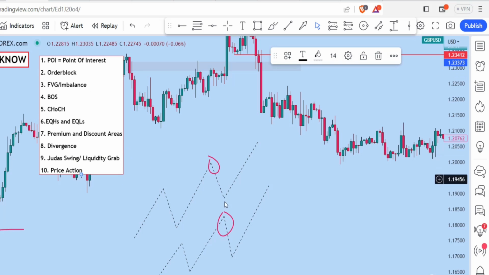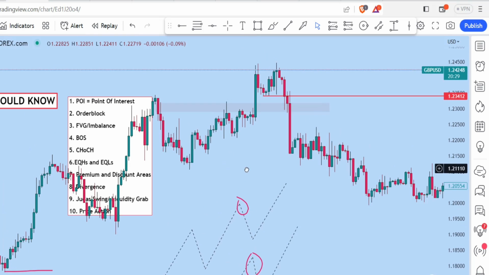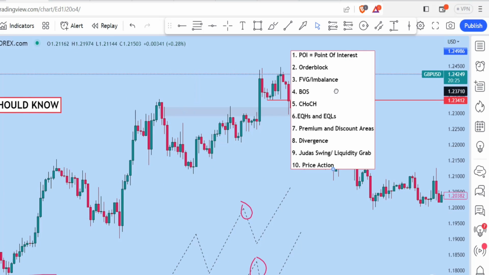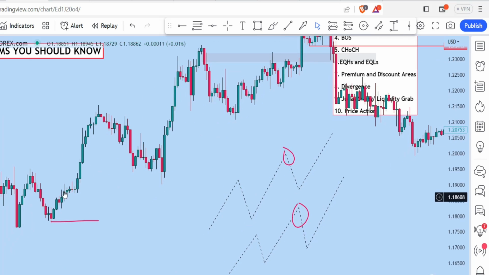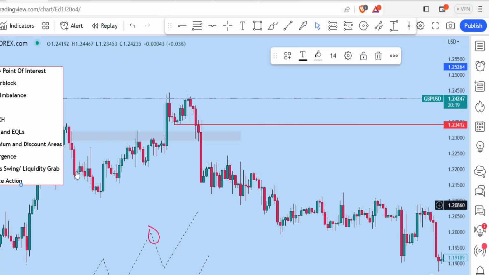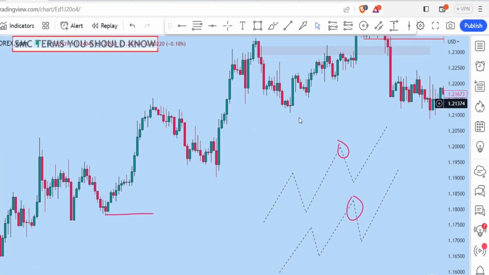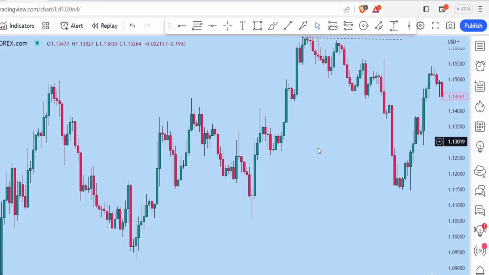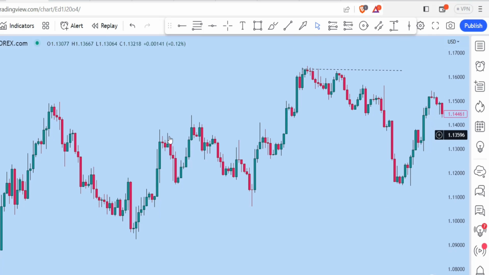Judas swing or liquidity grab. Judas swing or liquidity grab simply means when you see price take out people's stop losses, or a fake breakout. Let me show you a fake breakout if I can see one right here. They are often seen where you see relative equal highs and relative equal lows. Now look at this.